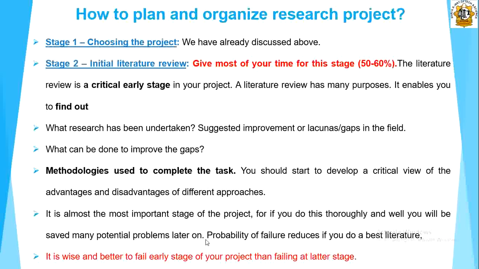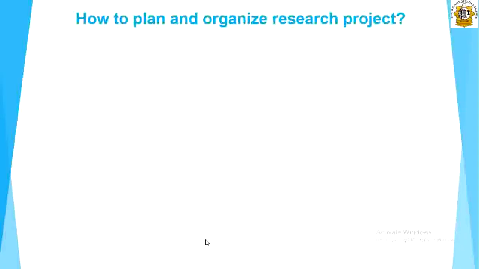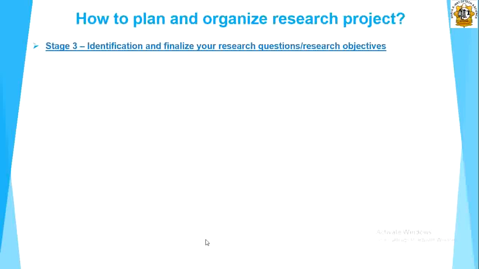It is wise and better to fail at an early stage of your project than at a later stage. So if you start early, if you think early, you'll have a good project. If you do the literature review afterwards, then your failure rate is higher.